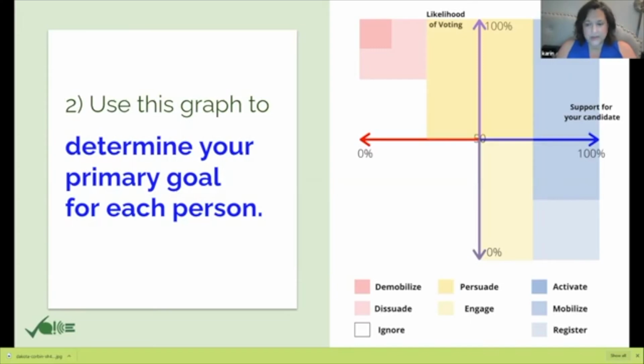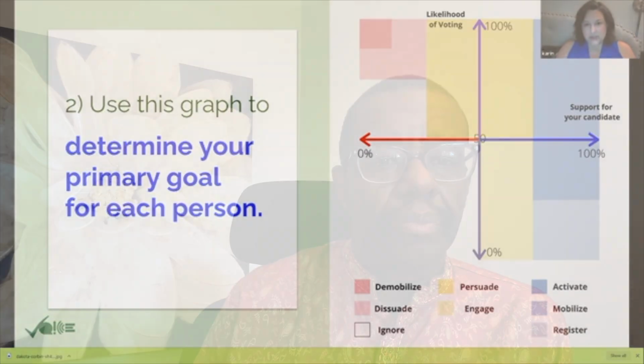So if a person is in the blue area, that means they generally support your candidate, quite strongly support your candidate, but they have varying degrees of commitment to actually voting. And depending on where they fall, your efforts are largely going to be about making sure they vote. If they fall in the yellow area, they don't really have a preference. And so with those voters, what you're going to be focusing on is largely persuasion.